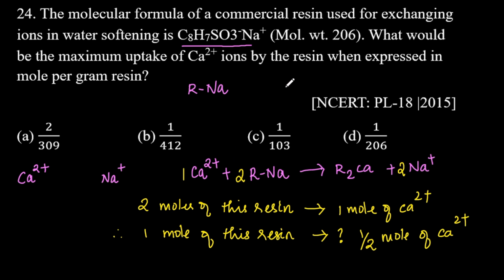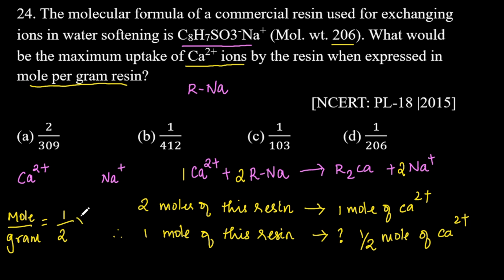In the question, they are asking to express the maximum uptake of Ca2+ ion in mole per gram resin. So you have to express this in mole per gram. The maximum uptake of the resin for the Ca2+ is 1/2 and the mass of this resin is given as 206.